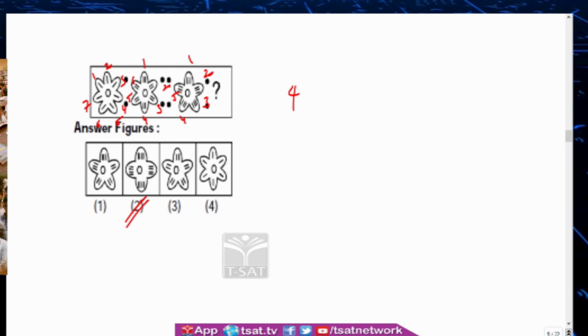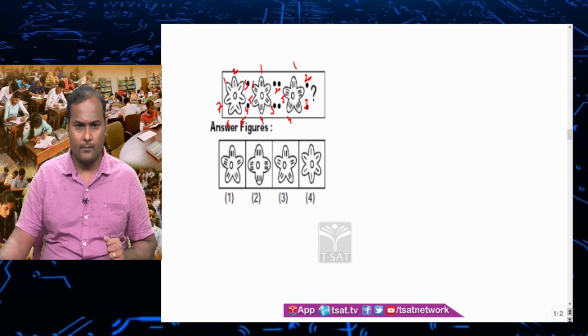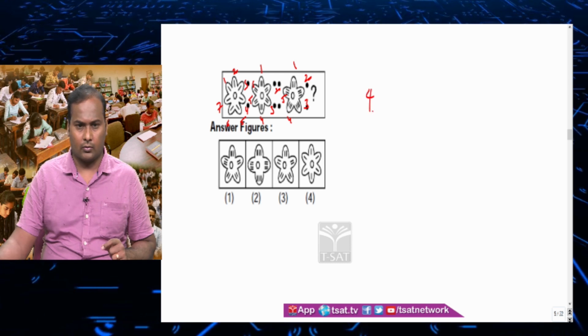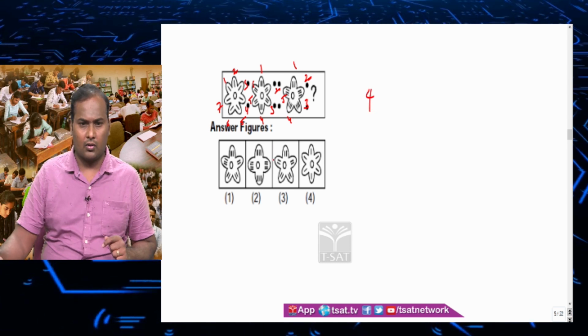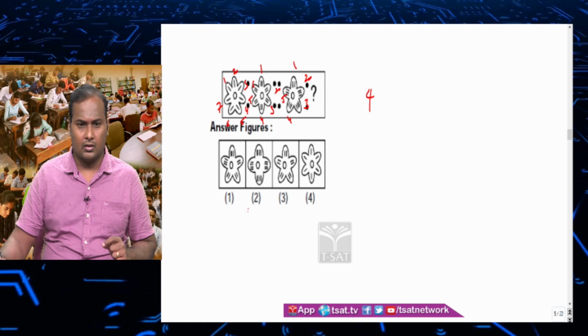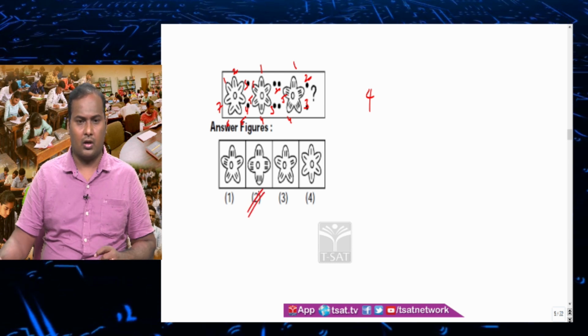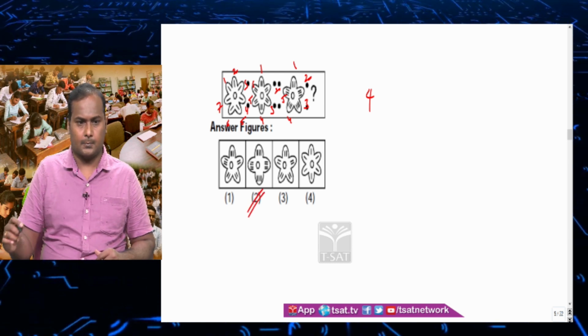Now in this case only 1, 2, 3, 4, 5, 6, meaning it was decreased by 1 and inside lines are increasing by 2. So in the same way you apply for this. Outside how many? 1, 2, 3, 4, 5. You decrease it to 4. The moment you decrease it to 4, only one option is showing, that is option 2. So option 2 is the answer.